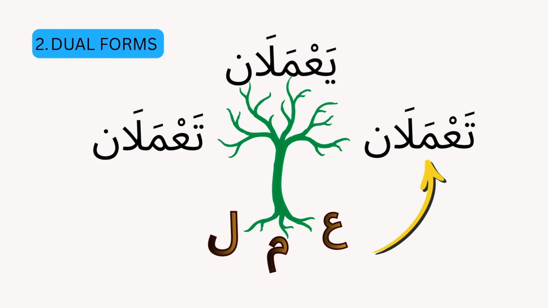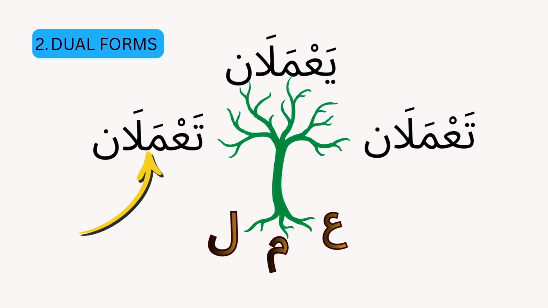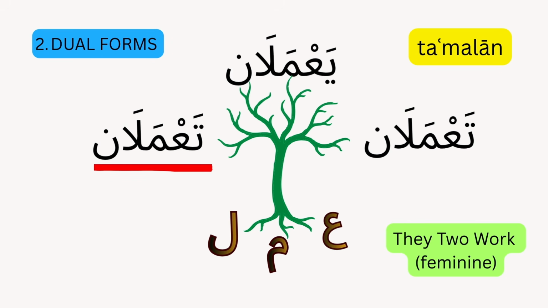The second word is تعملان. We add ta at the beginning to show that you are the ones doing the action, and alif nun at the end to show that the number is 2. You two work, male, female, or mixed group. Finally, let's look at the last word in this dual present tense group. تعملان.